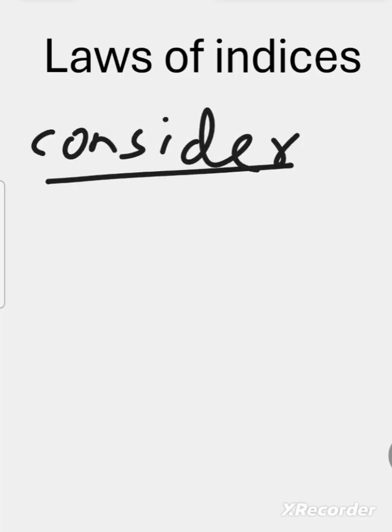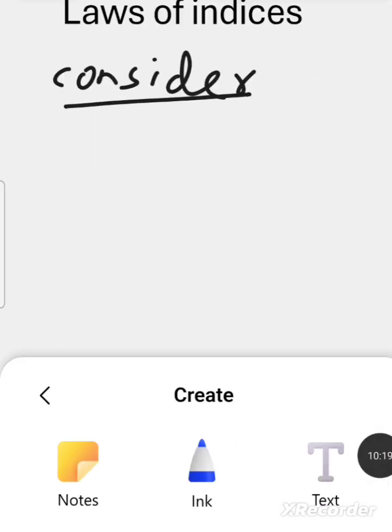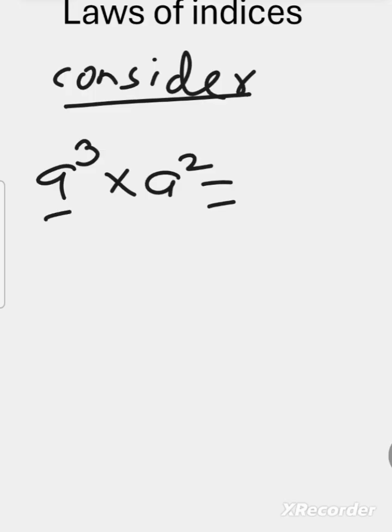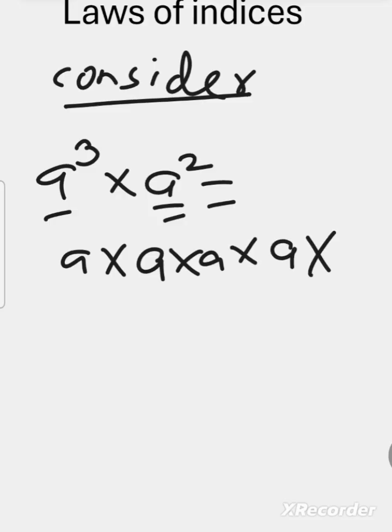If you are given a number like a power 3 multiplied by a power 2, how do you solve that? a power 3 is the same as a multiplied by a multiplied by a, 3 times. a power 2 is also a multiplied by a.